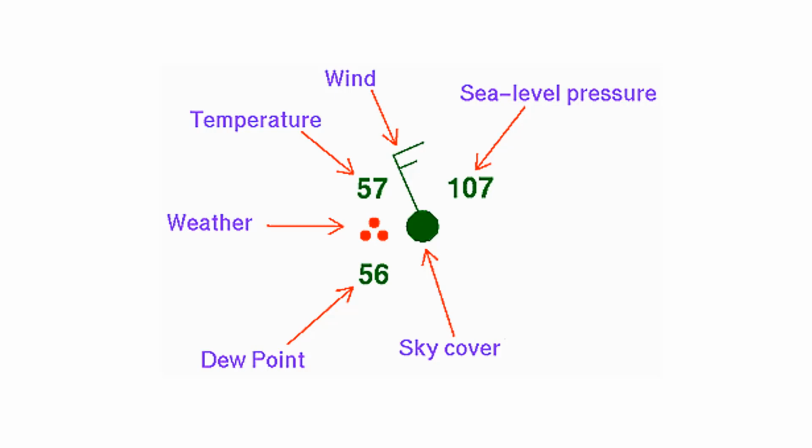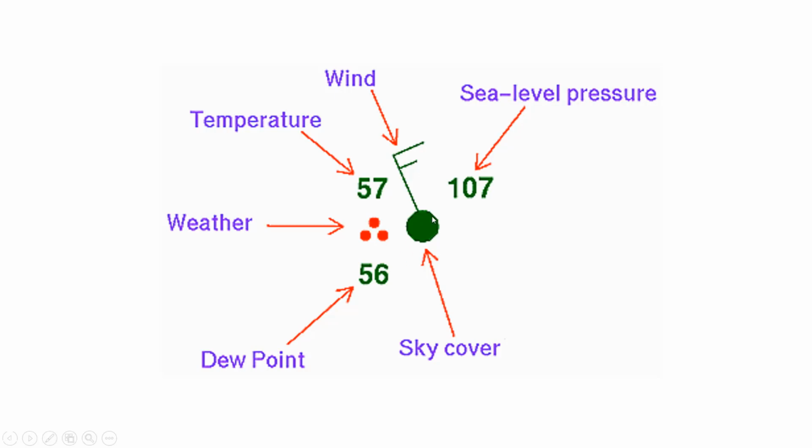And in the center is some kind of shading representing sky cover. And there's many different sky covers. So there's cloudy, partly cloudy, mostly cloudy. And again, the legend that I posted a link to will give you a breakdown of each of those individual cloud covers.